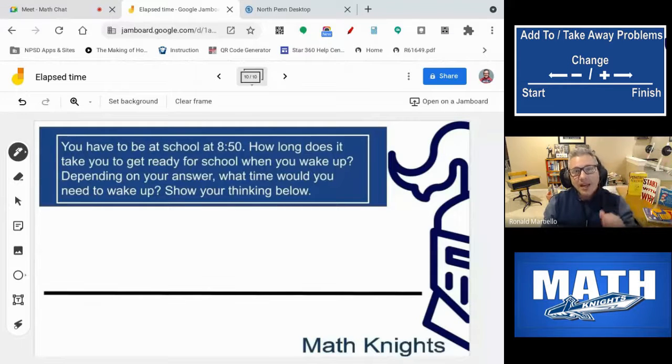Once the students analyze the problem and know what position the unknown number's in, they can now work procedurally through that number line, adding and subtracting depending on the change number, whether they're starting at the finish and working their way back, or starting at the start and moving their way forward. And that's how the situation and the change number help them to dictate what operation they're going to use.